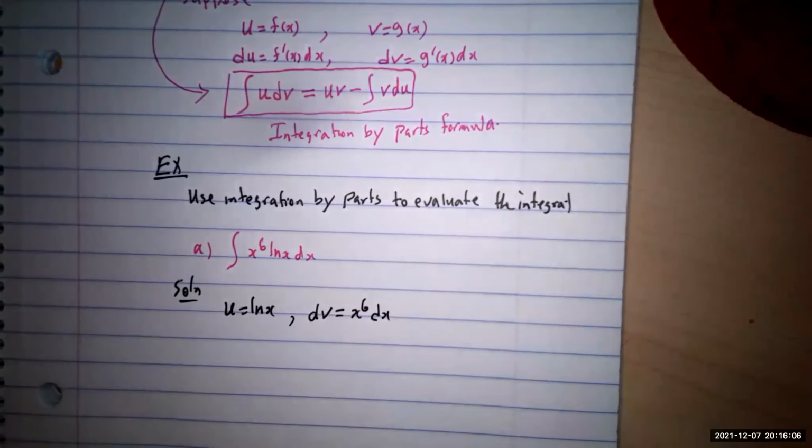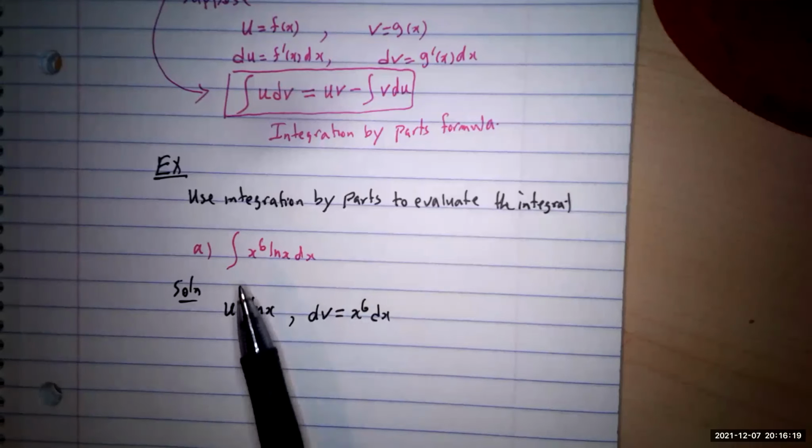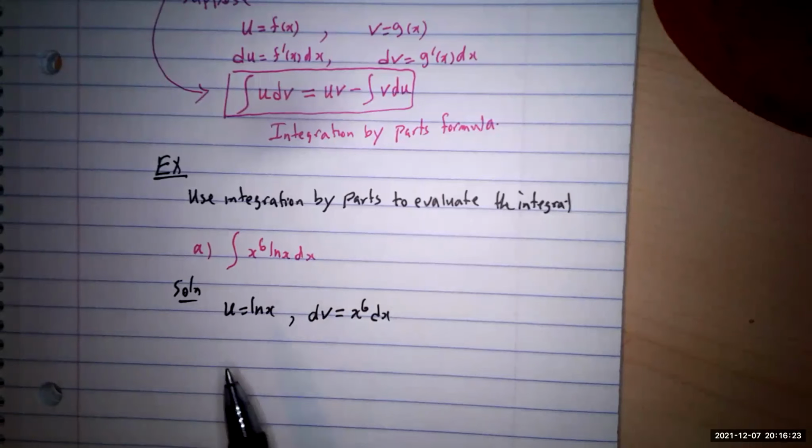So these are going to be your choices. Any question? So for this group of problems, you take u to be ln x all the time. The leftover is going to be dv, which is x to the 6 dx. Now, the one that you take to be u, differentiate it to get the du.